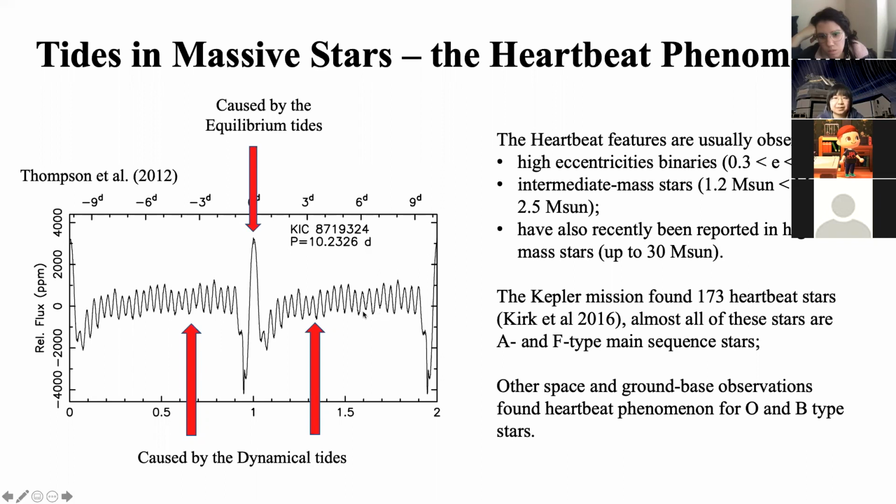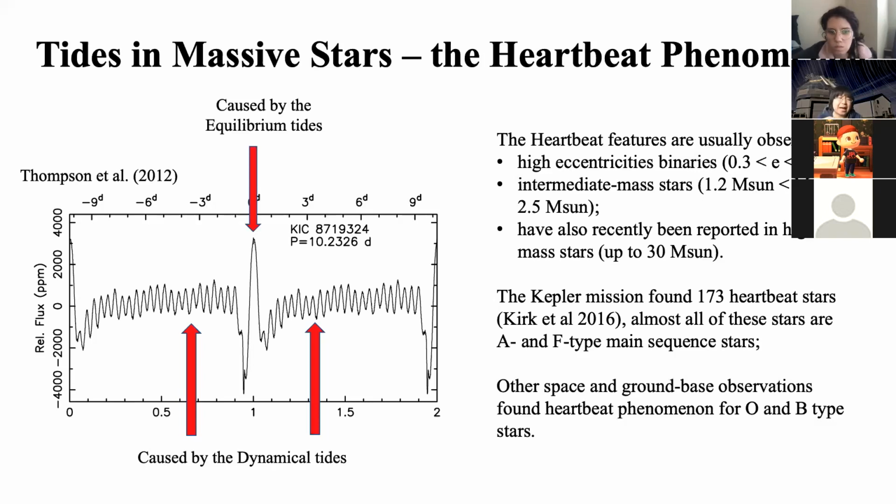Just as cardiologists can diagnose the health of a human being by monitoring their heartbeat rhythm, we can also place constraints on the interior structure of these stars and their binary evolution through careful study of tides. The Kepler mission found about 170 heartbeat stars, and most of them are A to F type stars, which means they are intermediate mass.